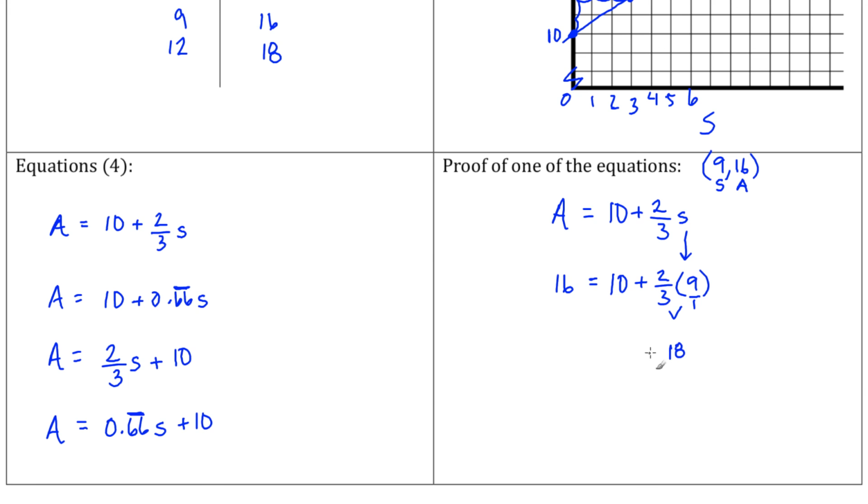Okay, there we go. 18/3. So 2/3 times 9 is 2 times 9 is 18, 3 times 1 is 3. 18 divided by 3 is 6. And 10 plus 6 is in fact 16, like it should be.